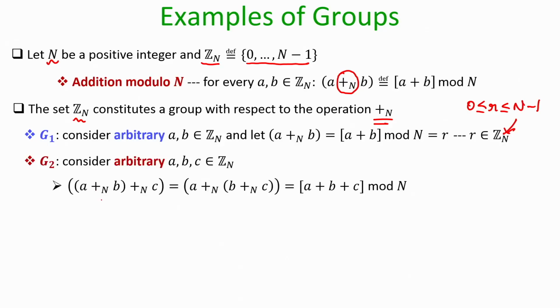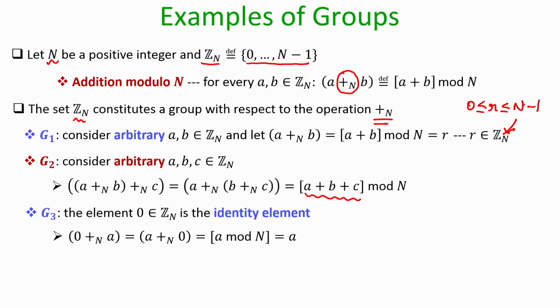It is easy to see that the operation of addition modulo n is indeed associative, because it does not matter in what order you perform the addition modulo n over 3 values a, b, c, the result will be the same as a plus b plus c modulo n. The element 0, which is indeed present in my set Z n, will be the identity element, because if I add 0 to any element a from the set Z n and then take modulo n, the result will be a itself.